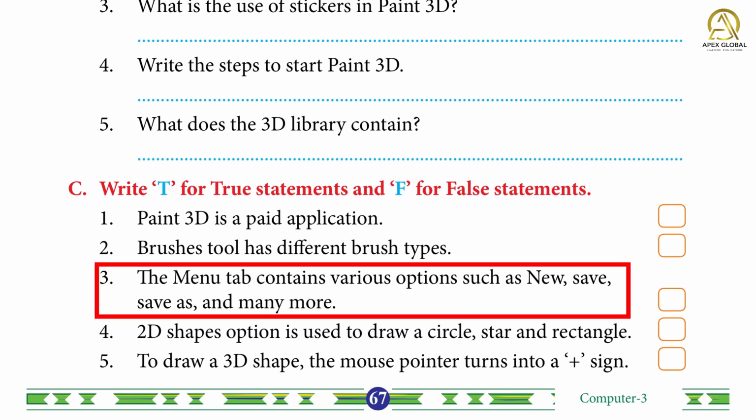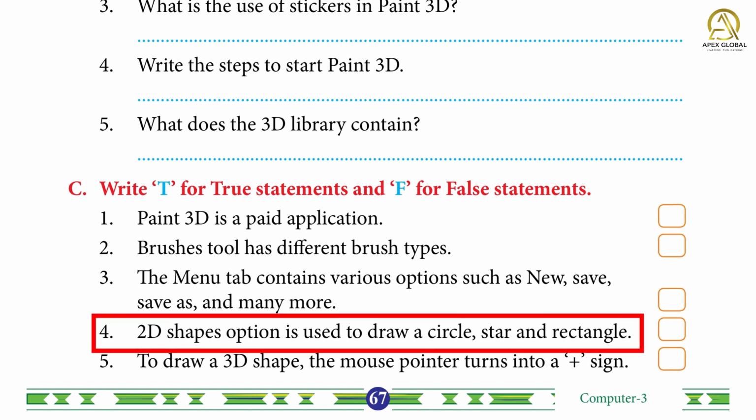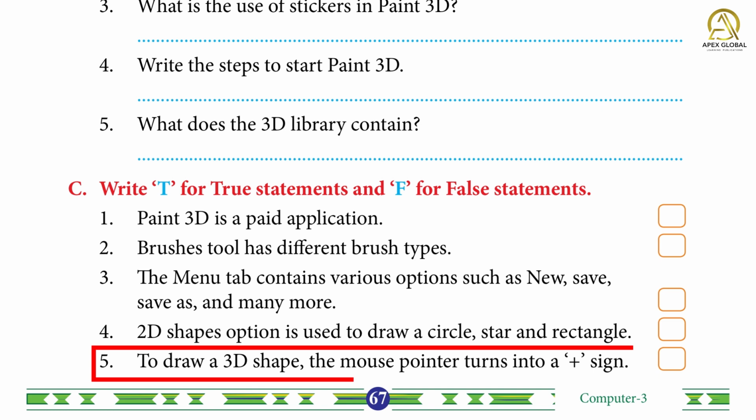The menu tab contains various options such as new, save, save as and many more. Answer: true. 4. The 2D shape option is used to draw a circle, star and rectangle. Answer: false. 5. To draw a 3D shape, the mouse pointer turns into a plus sign.